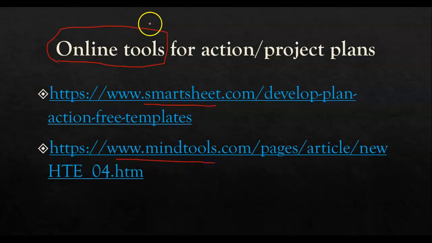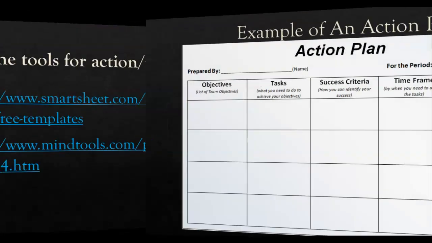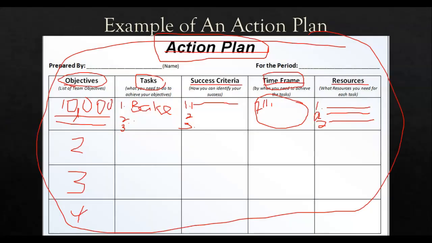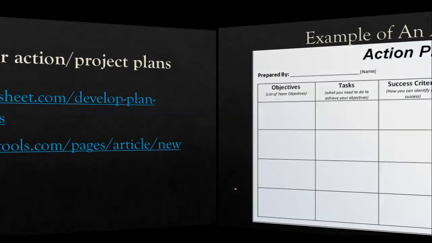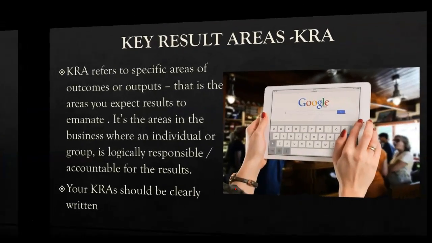If you are just a traditional person, you can have a notebook where you write your weekly action plan, your daily action plan, your daily goals. You set them every day. That's very, very important. Okay, let's move on.